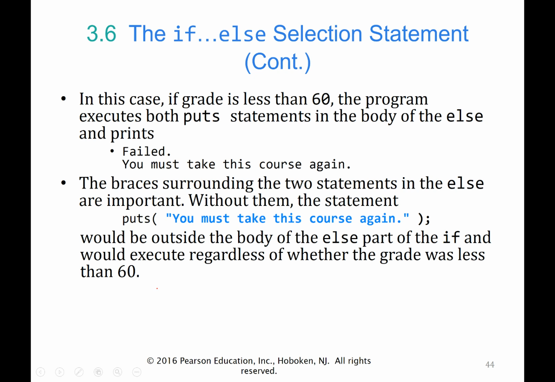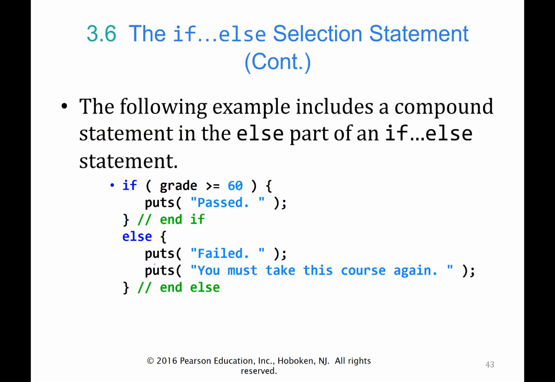So what they're saying is that if you don't have the braces, and this brace is missing, this else is only going to print the first line as part of the else, and the put S, you must take this course again, will be printed each and every time. The first half will work fine.